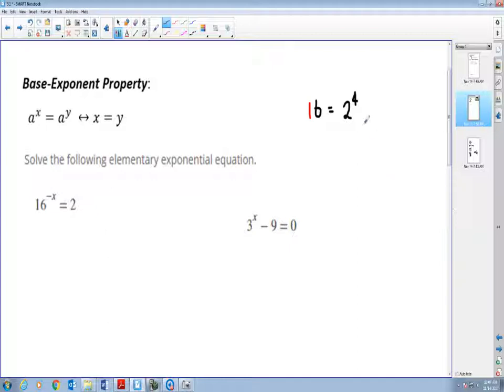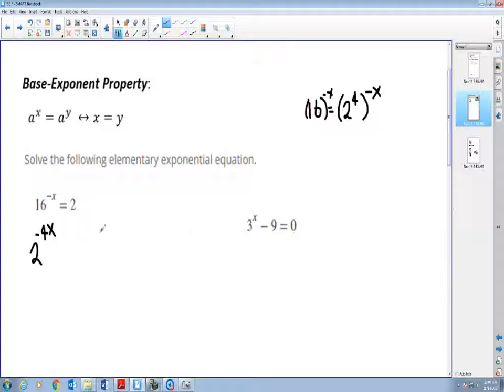Alright, so that's how I make the base the same. Now, on the top of the 16, it has an exponent that says negative x power. So that means on the outside of my 2 to the 4th, which is my 16, I have a negative x power. So according to the power rule, I can write this as 2 to the negative 4x power.